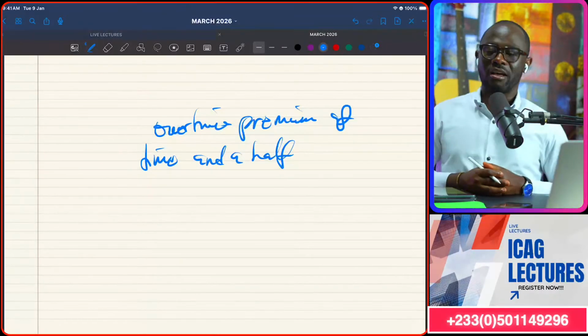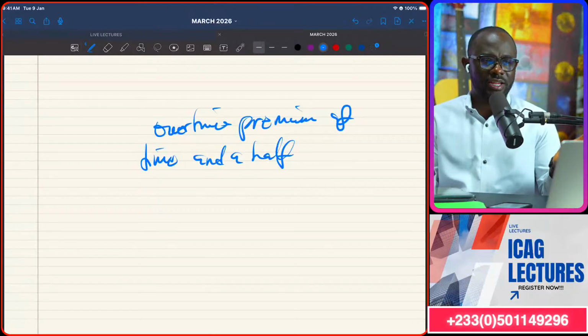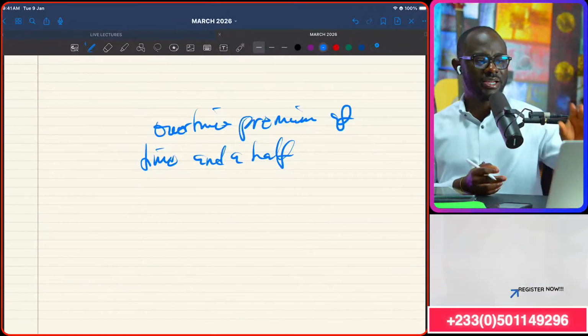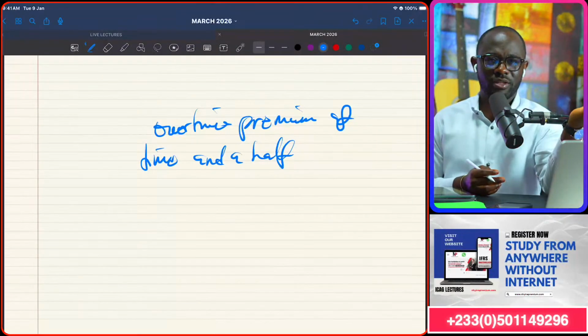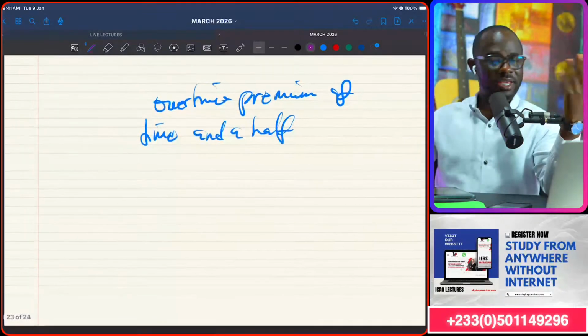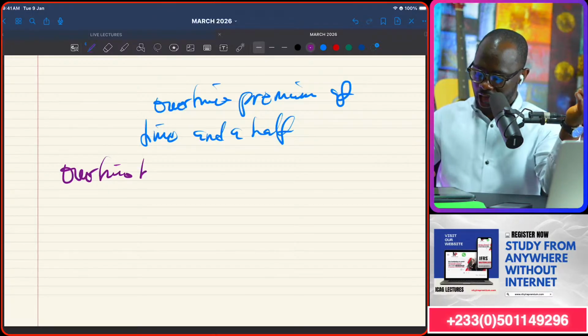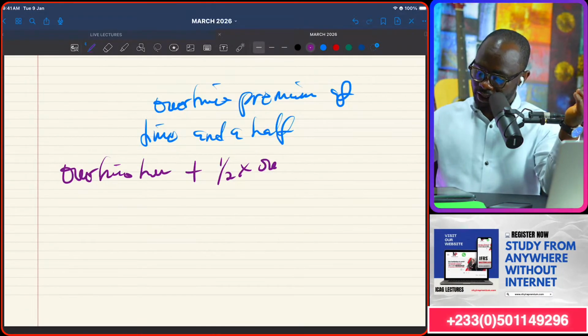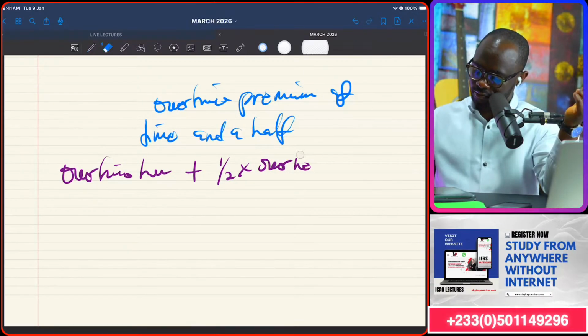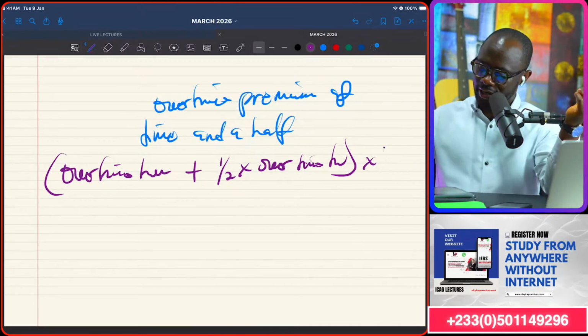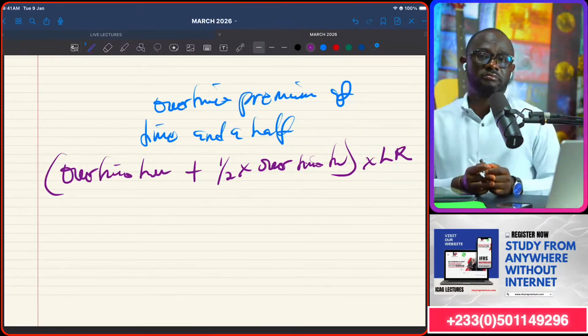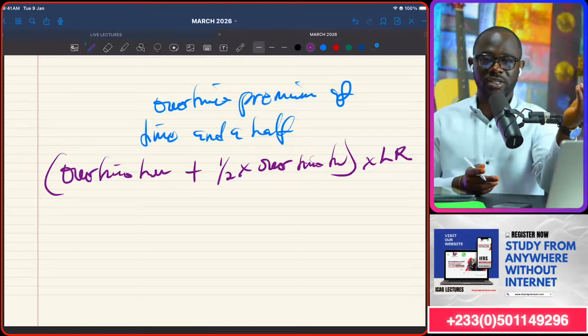Time and a half. What does that mean? It simply means that the overtime hours plus half of the overtime hours multiplied by the labor rate. That is what time and a half means.